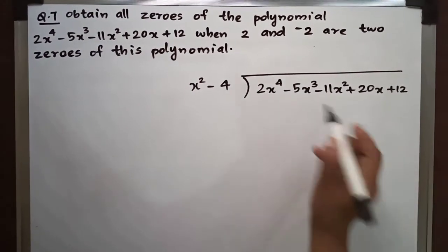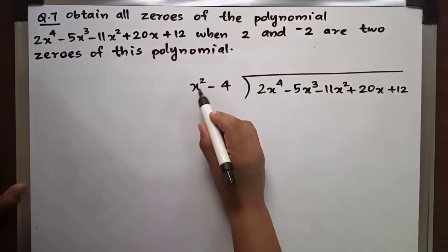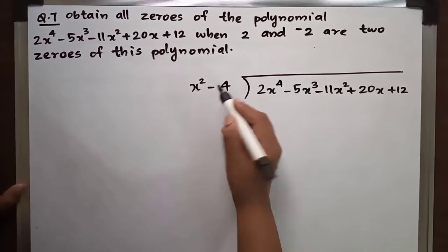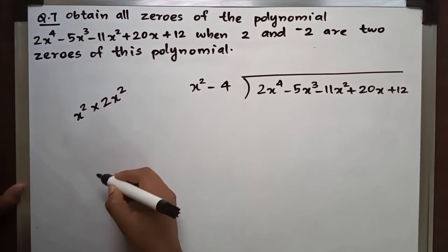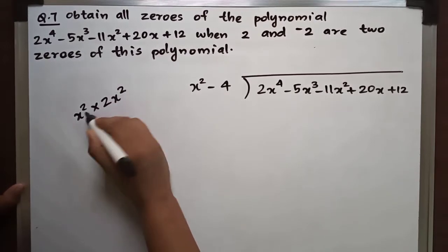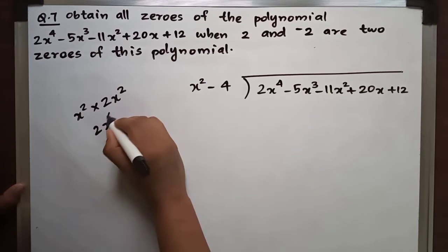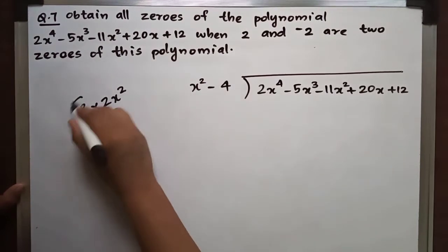Here we have 2x raised to 4. Here we have x square. So x square when multiplied by 2x square, what will we get? 2x raised to 2 plus 2, that is 4. So we need 2x raised to 4. Here we have x square.